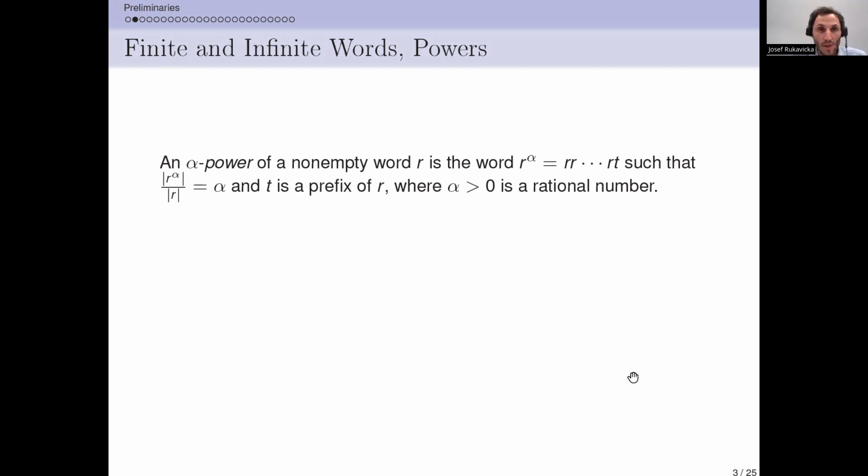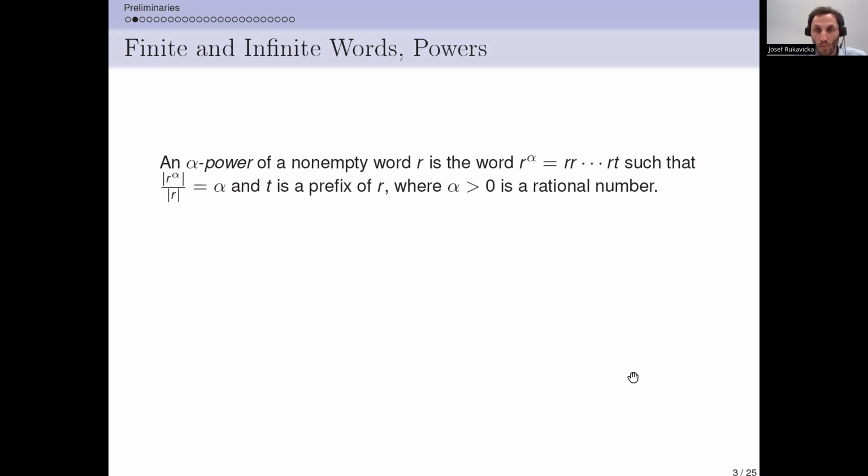It may be a rational number. In this definition, I defined that alpha can be bigger than 0. Commonly, we consider only alpha bigger than or equal to 1, but for the definition, it works also with alpha smaller than 1. I present it in this way, but I don't recall any paper which is considering alpha smaller than 1.